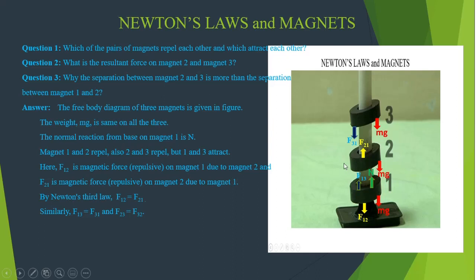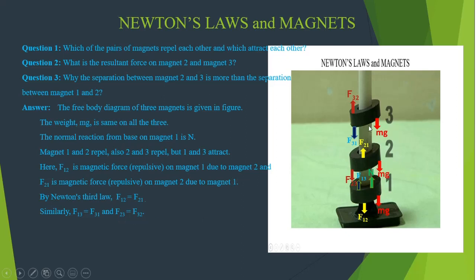So F13 and F31 are also equal. Similarly, F23 is the magnetic force on magnet 2 due to magnet 3, and F32 is the magnetic force on magnet 3 due to magnet 2. These two are also equal and opposite. So F13 equals F31 and F23 equals F32.